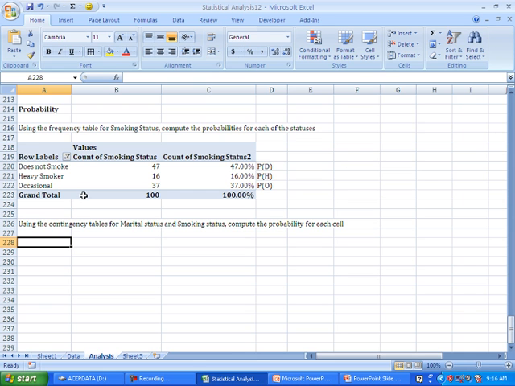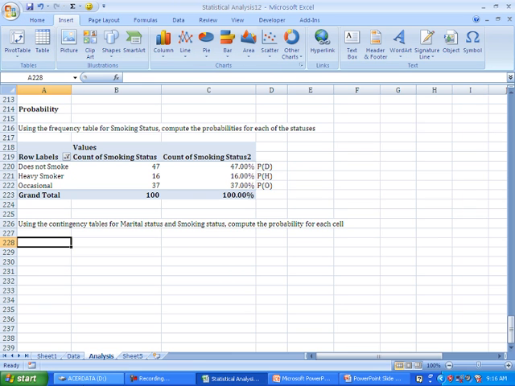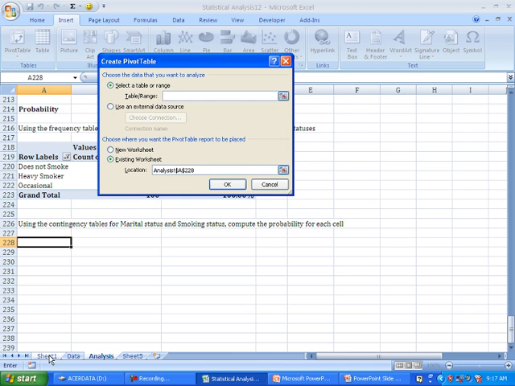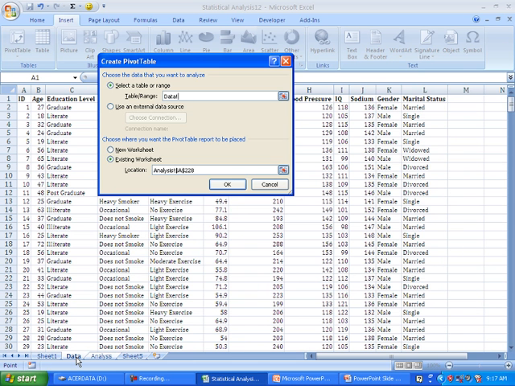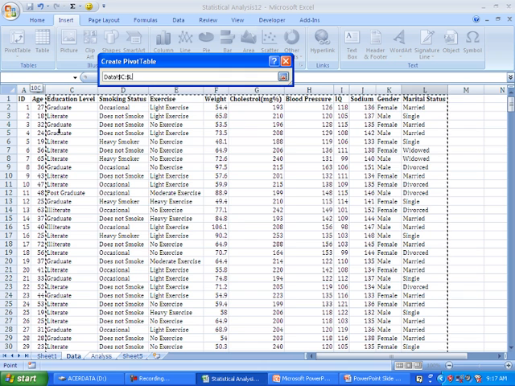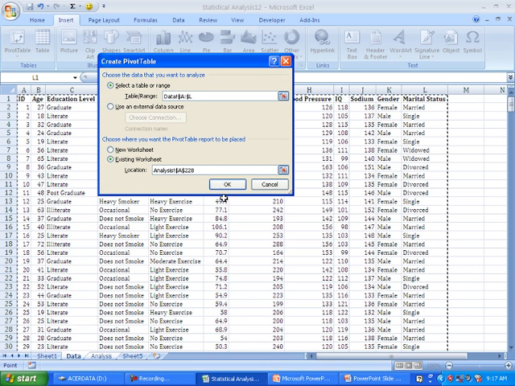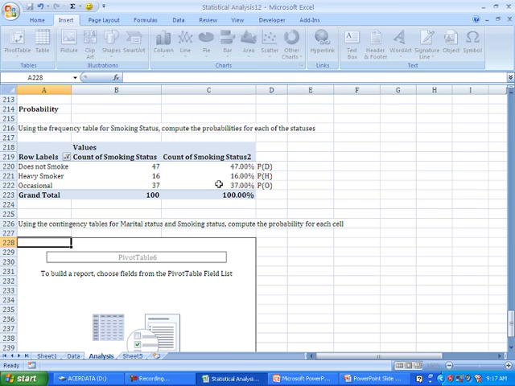Alright, so how do I interpret that? Let me plot another pivot table there. I can say insert pivot table. This time again I'll select this data. Here I require a two-dimensional table, right?